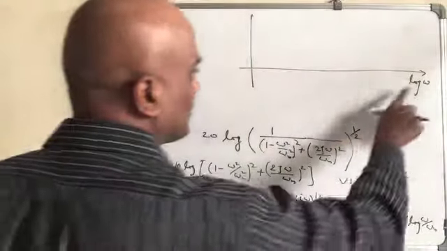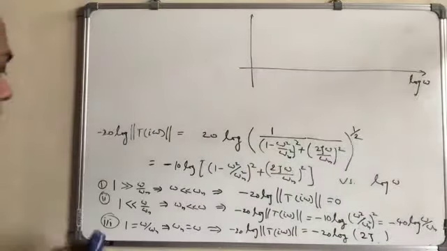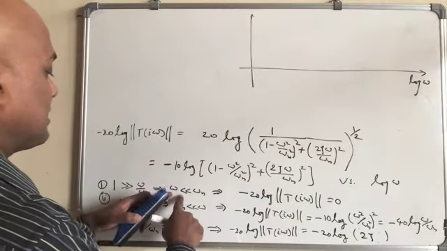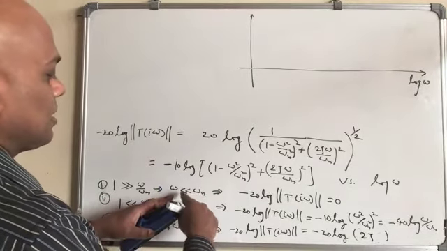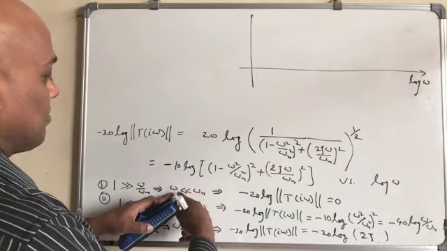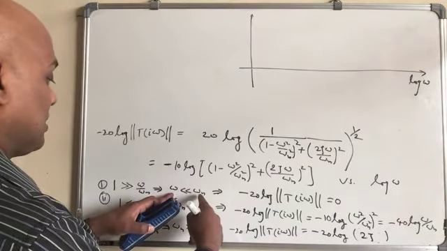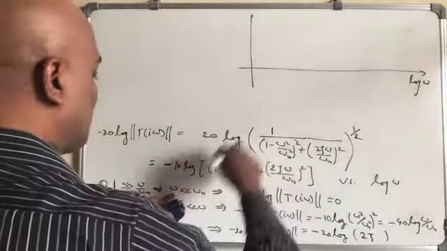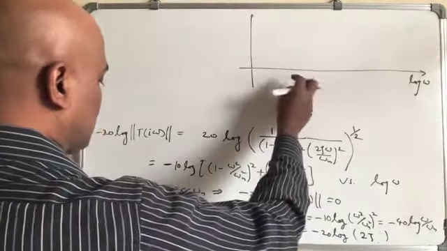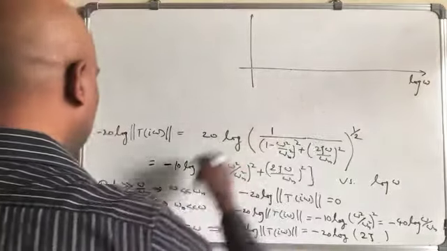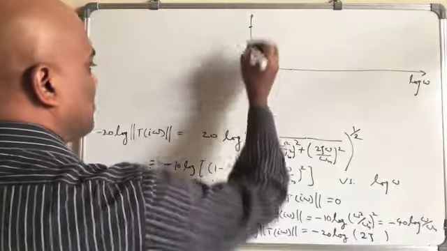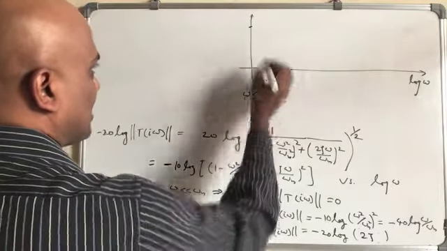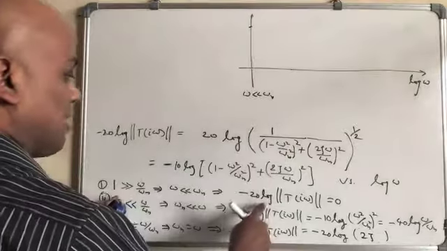When omega is very much less than omega n, at this point the value is 0.